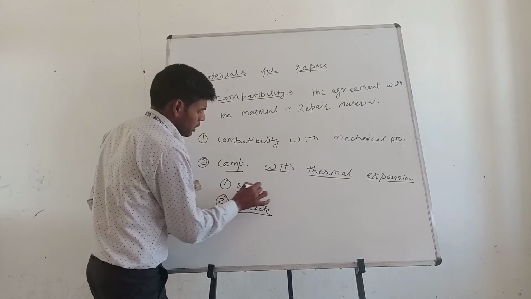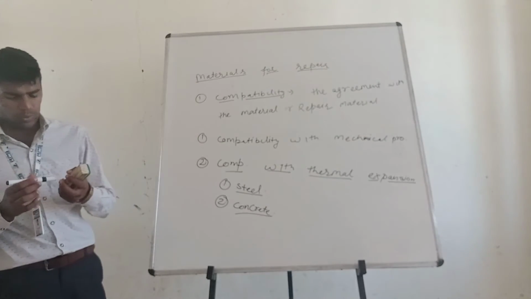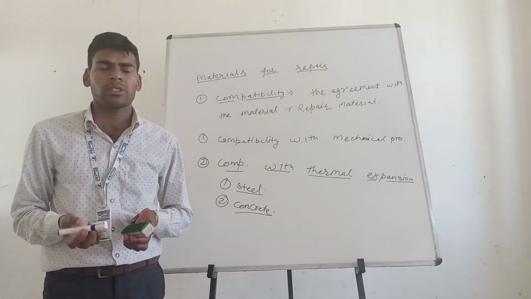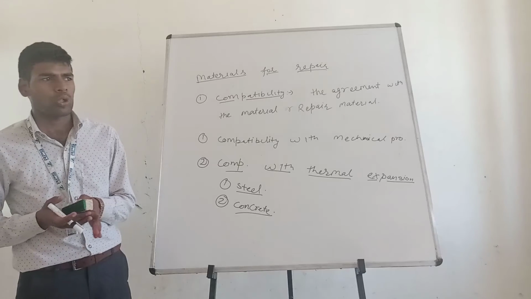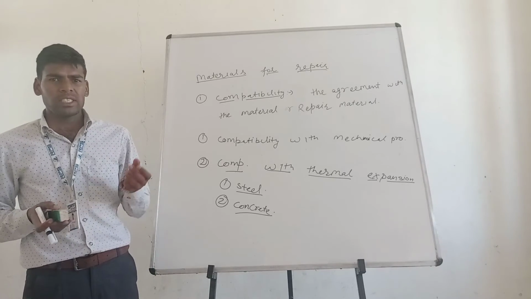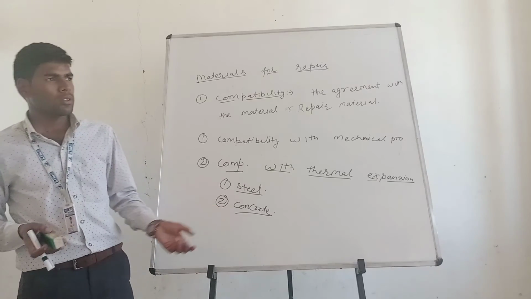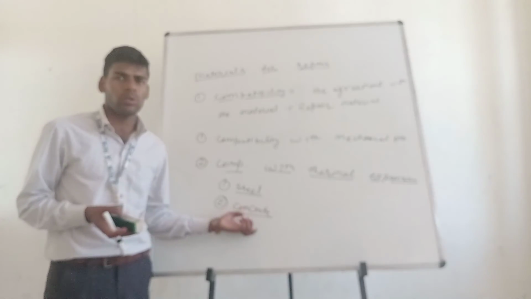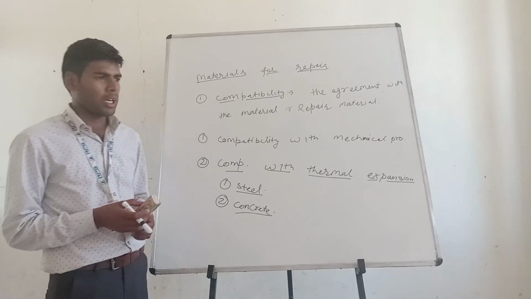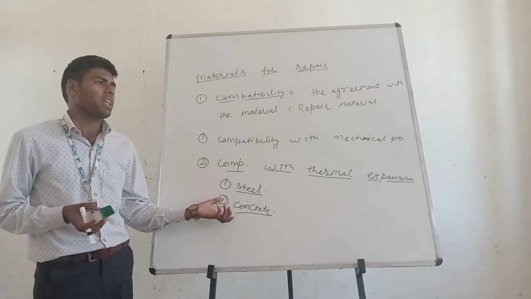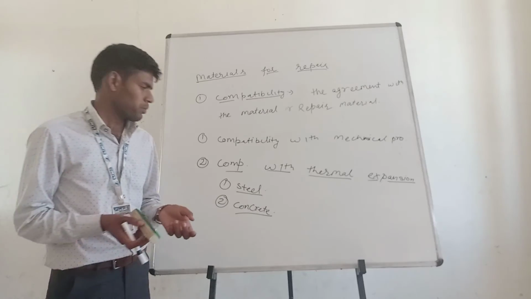In steel or concrete, in steel, as we all know, the coefficient of thermal expansion is given for steel and concrete both. Due to rise in temperature, steel expands and our concrete also creates expansion cracks in higher temperature and compresses during our low temperatures.